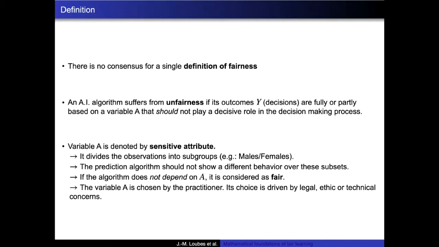We say that an algorithm is unfair if you are able to define a variable, called a sensitive attribute, and you detect that the outcome of the algorithm is biased, that is, it is affected by the variation of this variable, while it should not be.